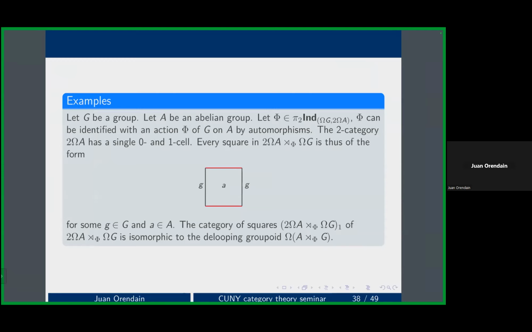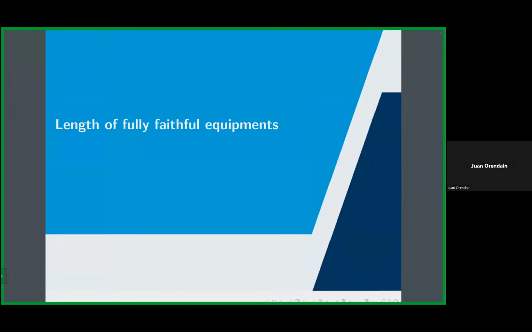Something where the top and bottom arrows are red, you would decorate the left and right arrows with elements of G, and then you would decorate the square with an element of A. And then you can prove that the vertical composition of squares like this is precisely the composition in the semi-direct product of A by G with respect to this action by automorphism. So the intuition is that this cross product is really a semi-direct product.